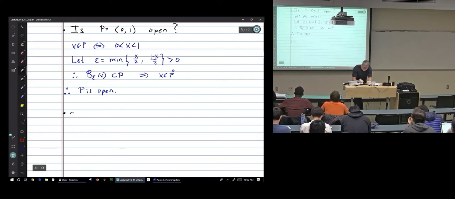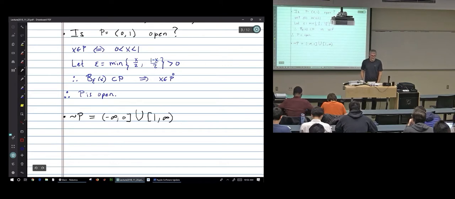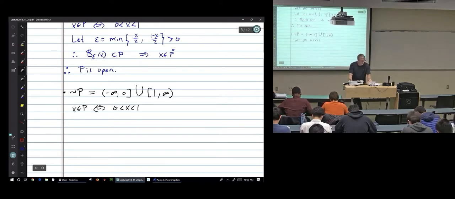So what is the complement of P? P is (0, 1), so the complement is going to be (minus infinity, 0] union [1, infinity). Okay, x is in P if and only if 0 is less than x, less than 1, just like we had before.